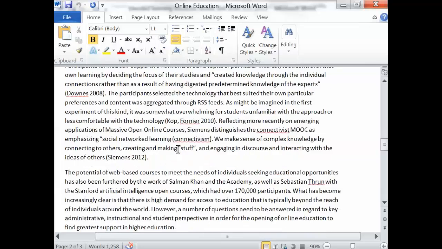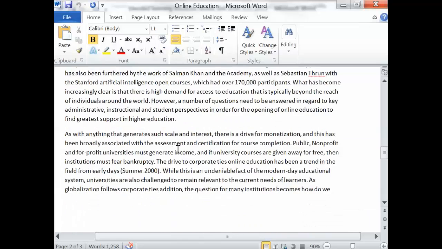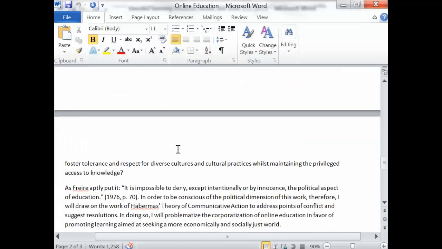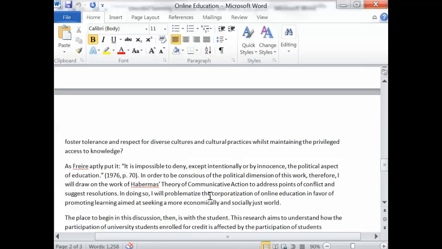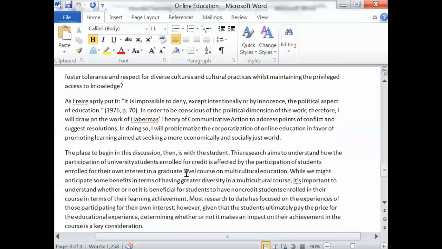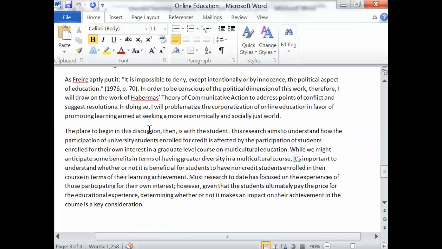A little more information on that, but all of this is leading into providing the reader with the background information they need to understand where this research topic is coming from, and this provides a little bit of the theoretical framework in the introduction as well, and it basically identifies where we're going with this research.